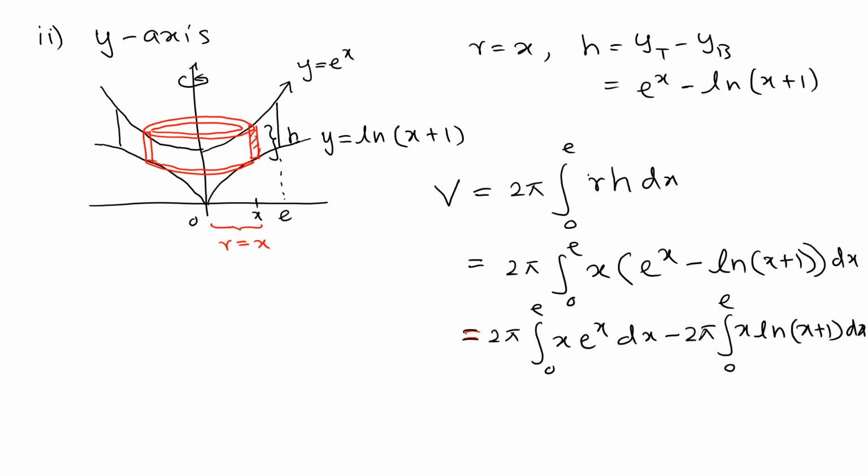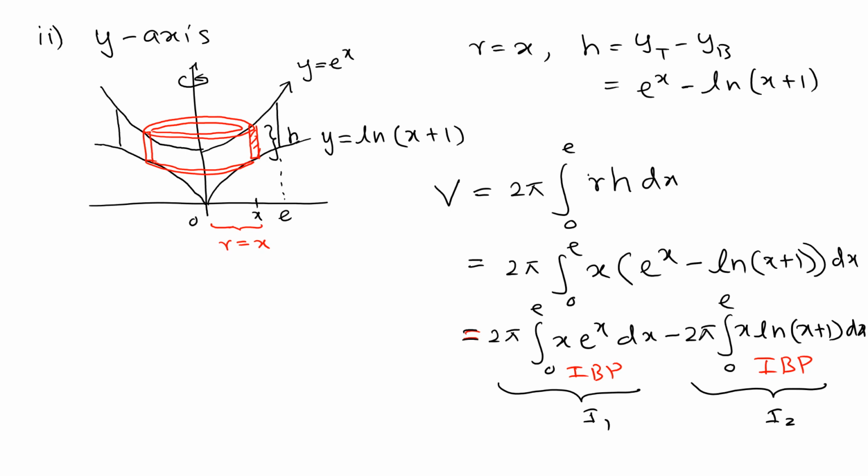This is also an integral we normally do using integration by parts. So we have to do two integrations by parts. Let's call the first integral I1 and the second one I2.